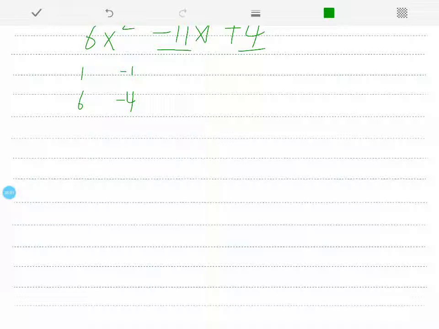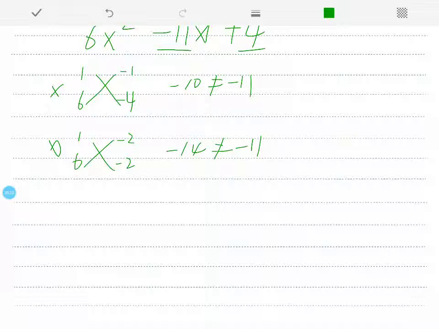So when you cross times, that equals negative 10. You see, doesn't equal negative 11, so not right. 1, 6 again, be negative 2, negative 2. So that equals negative 14. We'll cross times and add, negative 14. It doesn't equal negative 11. That means 1 and 6 never works. So there must be 2 and 3.